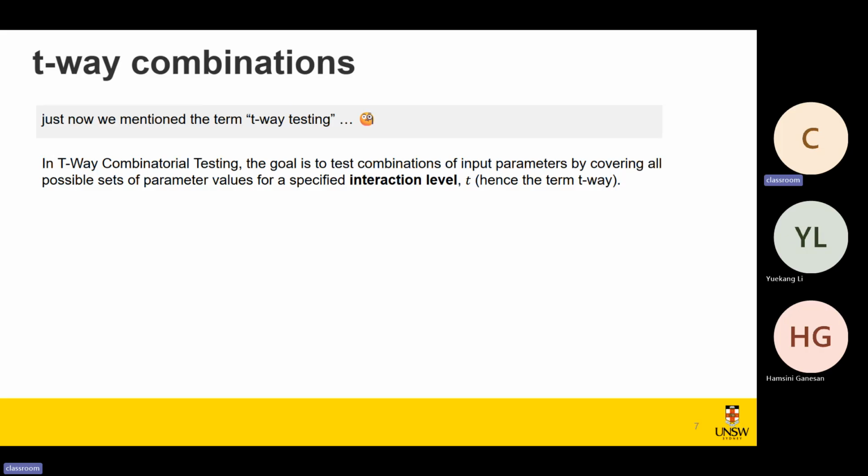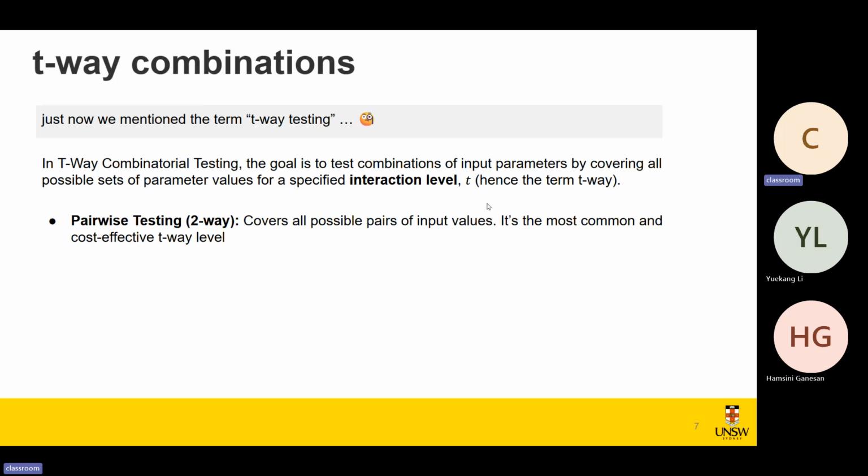Because we care about different combinations of variables, these variables or input parameters are interacting with each other, right? We can set a particular level of interaction between different things for us to combine, like the input parameters or the system configurations. So we can set an interaction level as our goal for testing. The interaction level here is T, so we use the term T-way combinations.